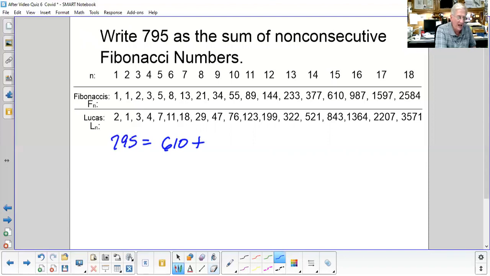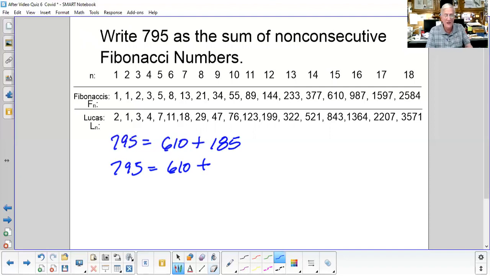185. Now, I'm all done with this problem if 185 is a Fibonacci number. Unfortunately, it is not. So I continue the process now with 185. So I simply write down 795 equals 610 plus, and now I replace 185 with the largest Fibonacci number that is smaller than 185.